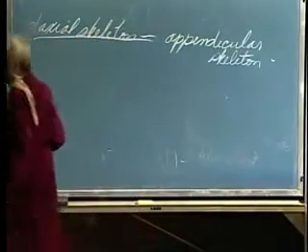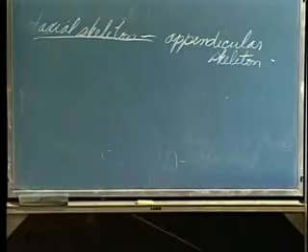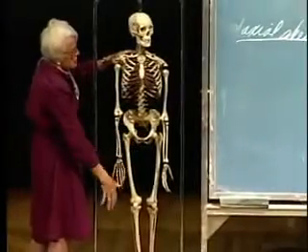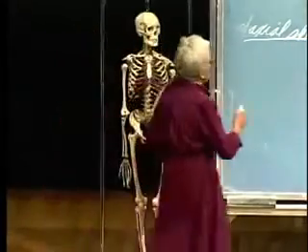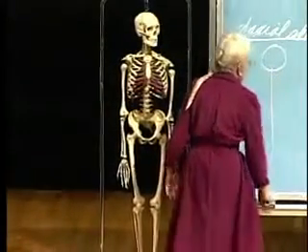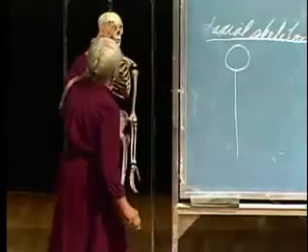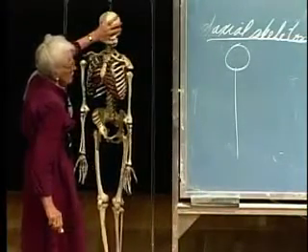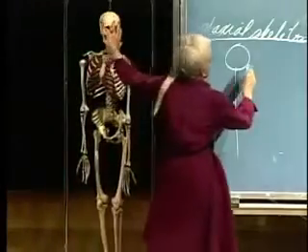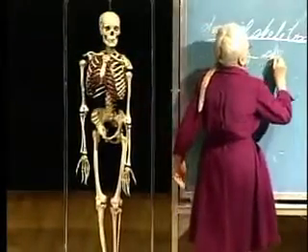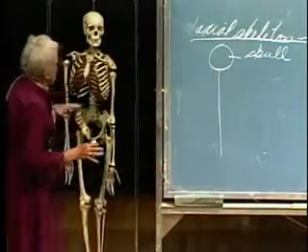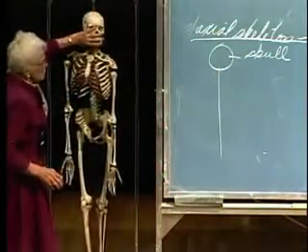So the axial skeleton just means that it will run through the medial axis of the body. So if we put a head and the main axis of the body, we can see that the skull will be part of the axial skeleton. So we'll study the skull today and all the bones that make up the skull.